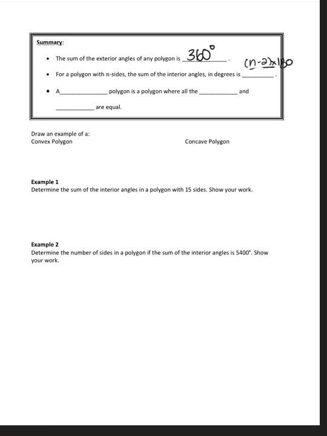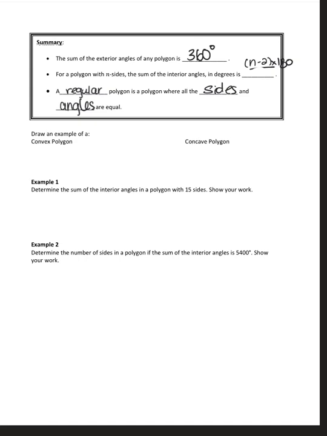For a regular polygon, where all the sides and angles are equal, these rules apply, okay? So this is the important part of what we're talking about here.